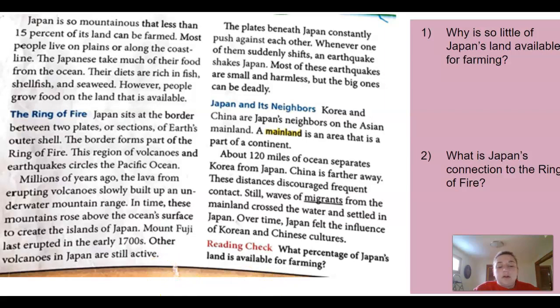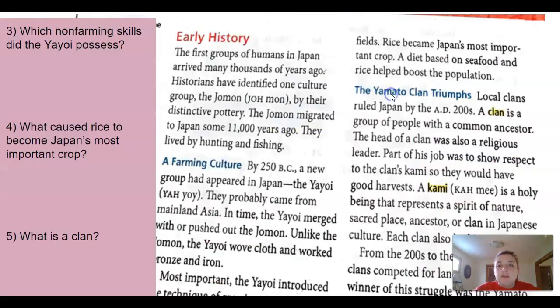So this is where, well, you can't see it on my screen, but you can see it on yours. You're going to go ahead and start independent practice. It's basically having to do with volcanoes and the mountains. And then you're going to move on to the early history. So the Jomon people and the Yayoi.